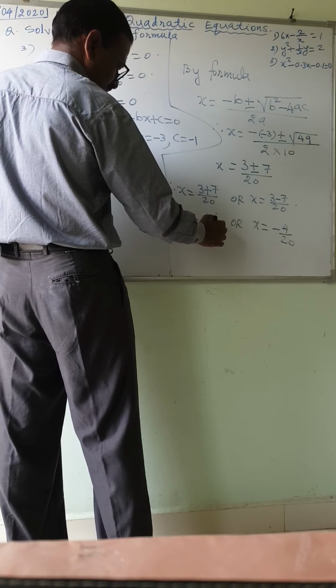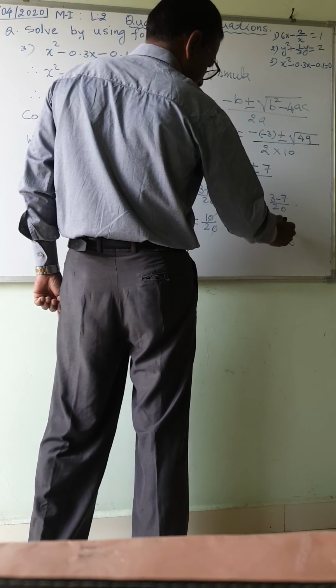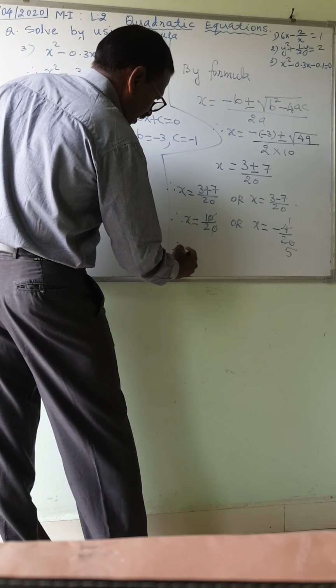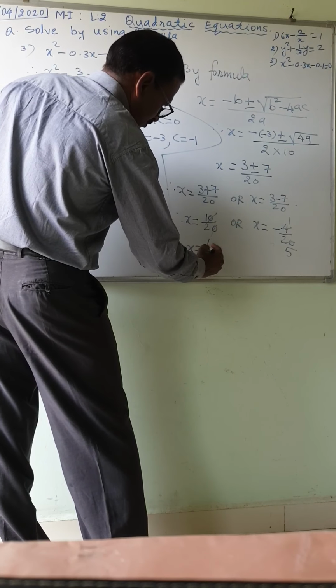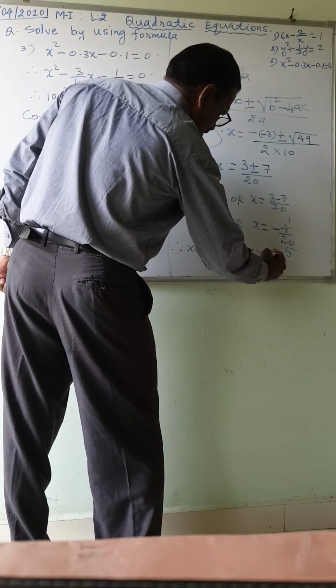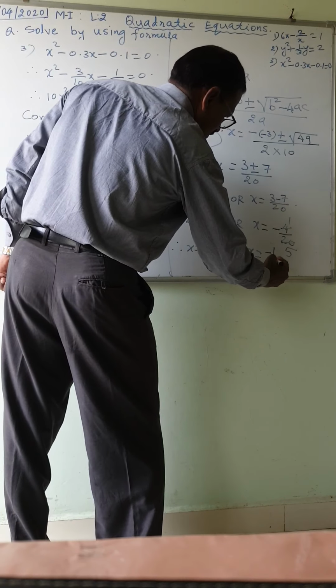The 0s get cancelled. 4 ones are 4, 4 fives are 20. Therefore x is equal to 1 upon 2, or x is equal to minus 1 upon 5, and this is the solution.